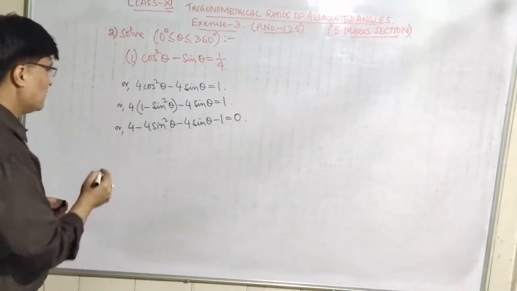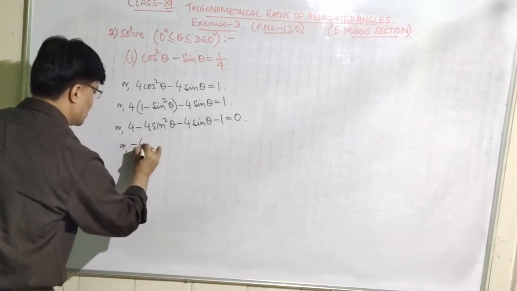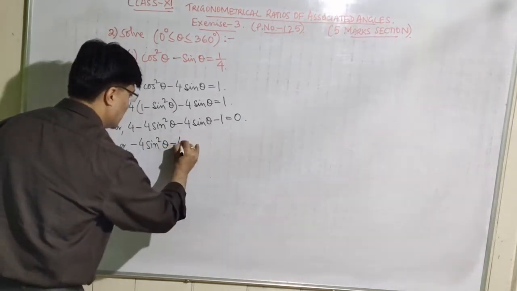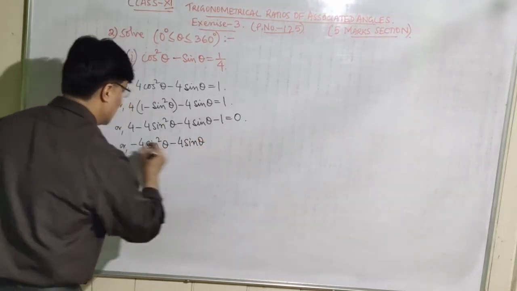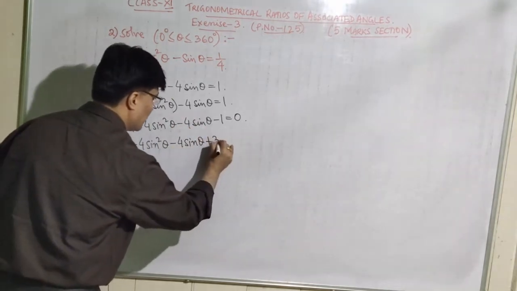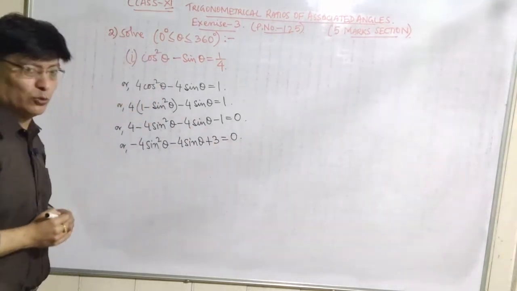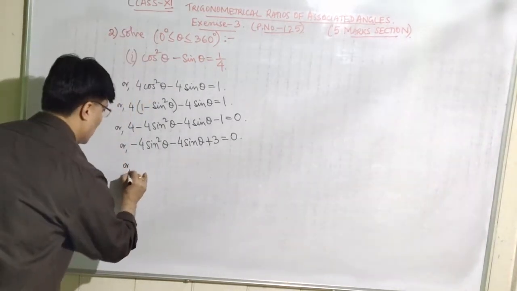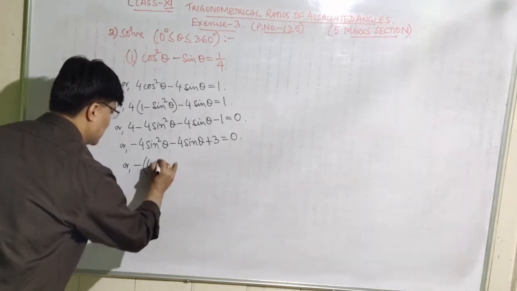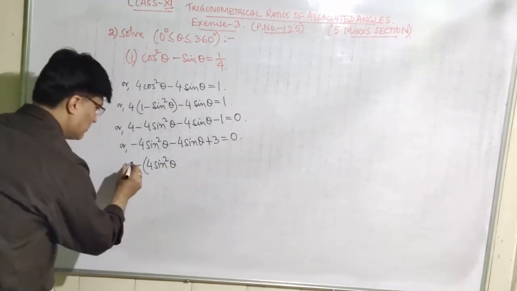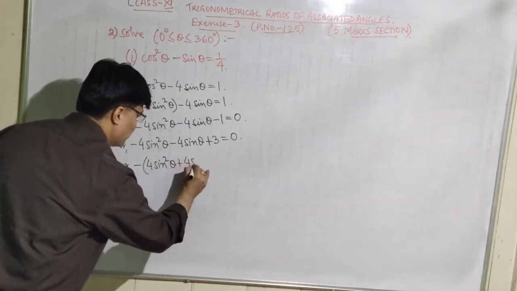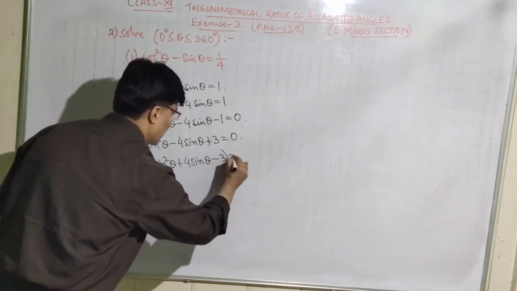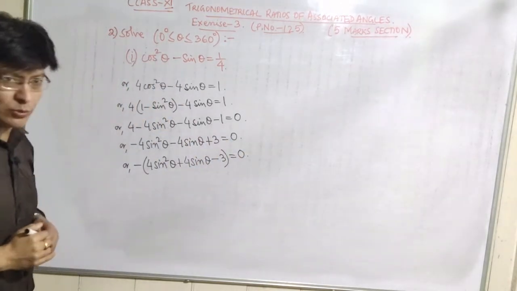Okay. Now let us simplify it further, or let us write this square term first. Minus 4 sin square theta minus 4 sin theta plus 4 minus 1, plus 3, which is equal to 0. Okay. So let us take minus common now, minus within bracket 4 sin square theta plus 4 sin theta minus 3, which is equal to 0.